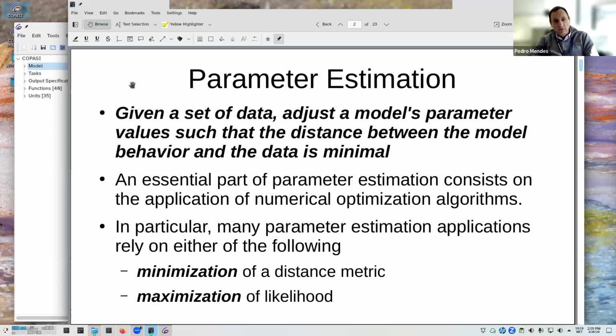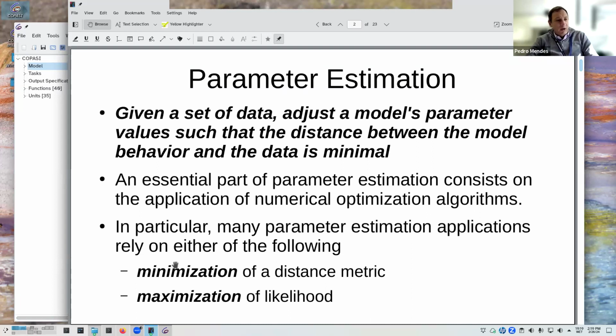As you can see from this language already, the word minimizing appears. It's to make the distance as small as possible. And essentially, we're going to apply numerical optimization algorithms, automating this process of changing the model to make it as close as possible to the data.